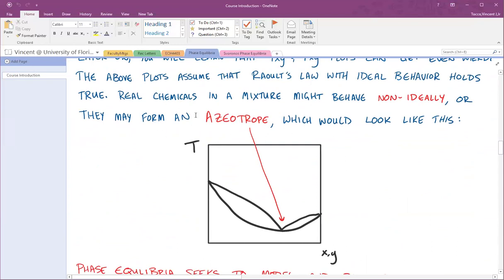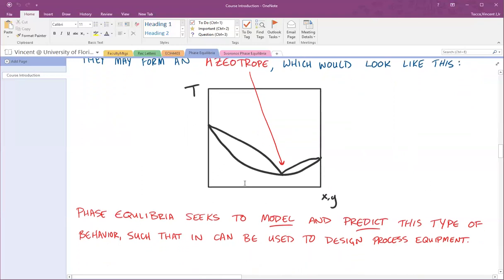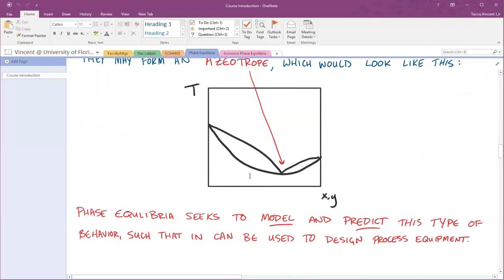So real chemicals in a real mixture can behave non-ideally, or in certain extreme cases, they can form an azeotrope. That's the word for the point at which the composition doesn't change upon boiling. A TXY diagram with an azeotropic mixture can look very funky like this. Again, we'll talk about in phase equilibria how we model and predict this type of thing such that it can be used to design process equipment.